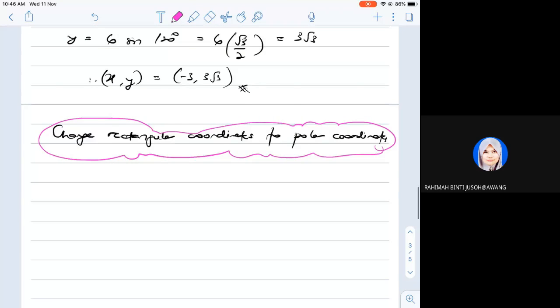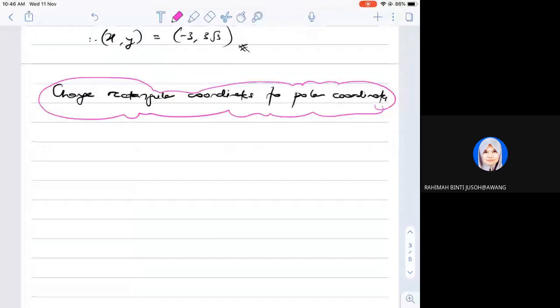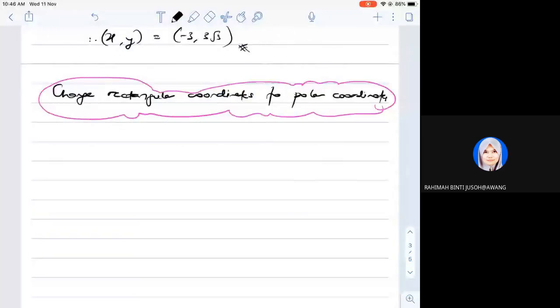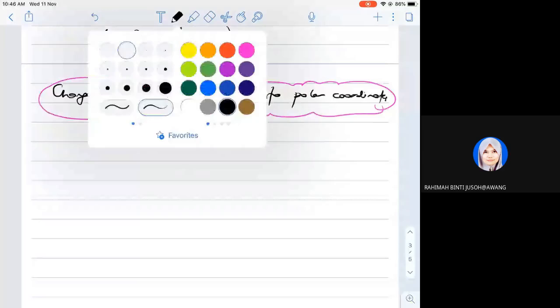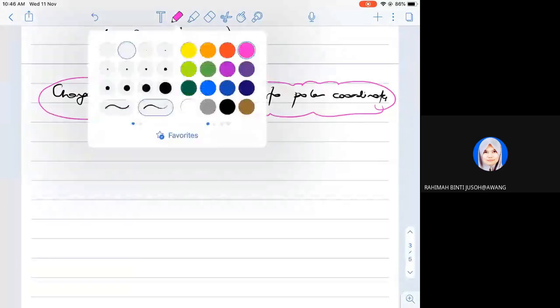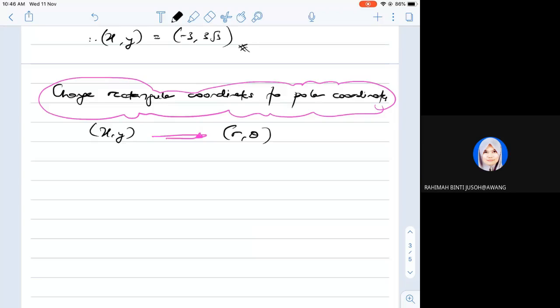Okay, so the formula involved in this case is we will have x and y. Okay, you are given x and y coordinates, but you have to change into polar coordinates. So you need to find your r and theta.